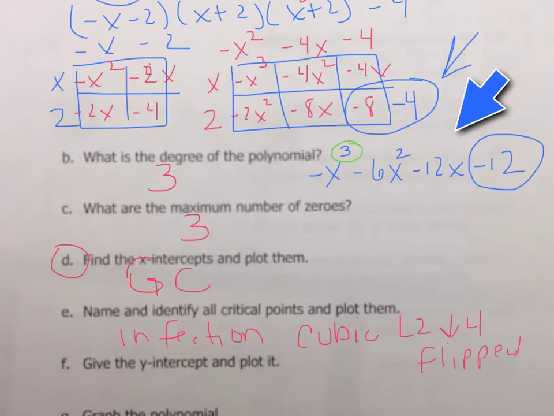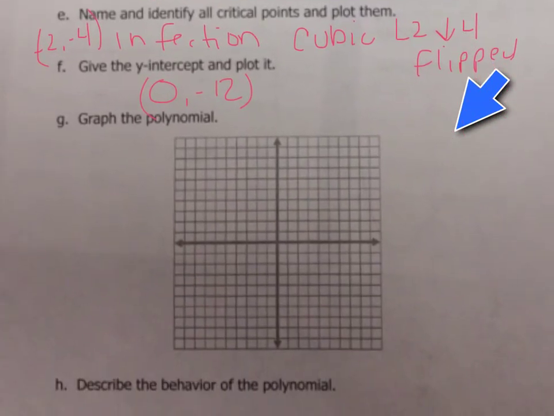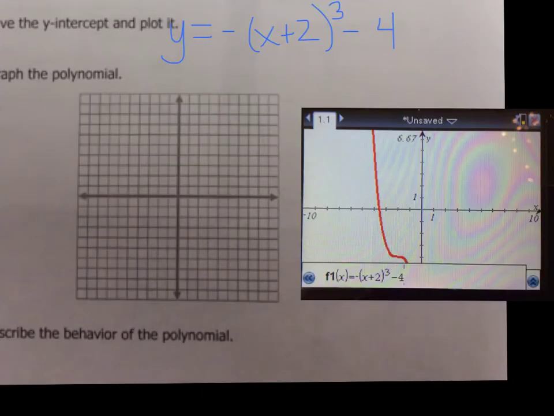So my critical point is an inflection point at negative 2, negative 4, and the y-intercept is 0, negative 12. I would then plot all these points and graph it. So I am going to stop here and go to the next page and walk you through how I use the calculator to help me with all of these steps.